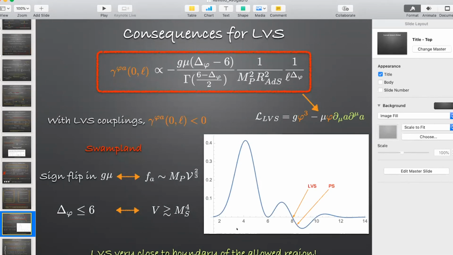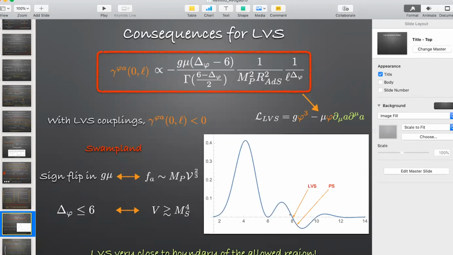Okay, right. So when you say very close, how can you quantify this closeness? So in this plot the sign changes at 8, when delta phi equals 8, and in LVS delta phi is 8.03 something when V is infinite.